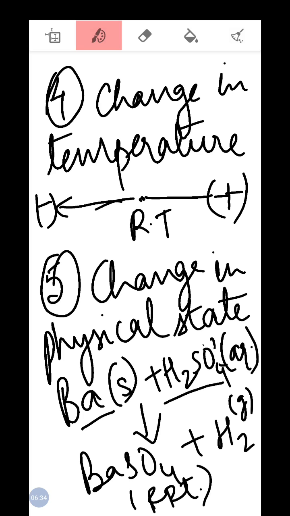So you can see that solid and aqueous have changed to PPT, that is precipitate, and gas, right? There is a clear change in physical state, and it is also one of the very important indicators of a reaction. I hope all this was clear. I just wanted to go through it once before we proceed.